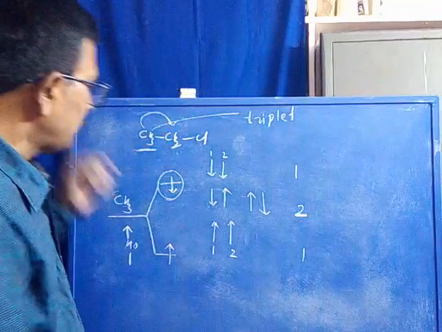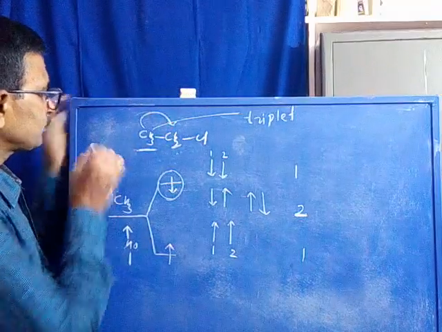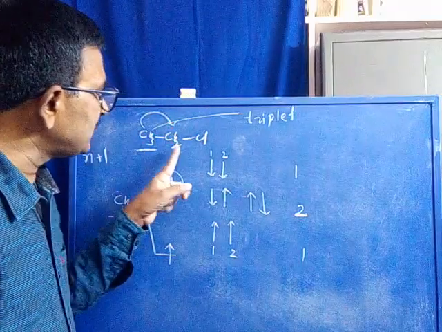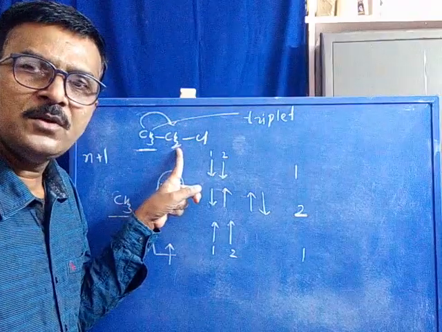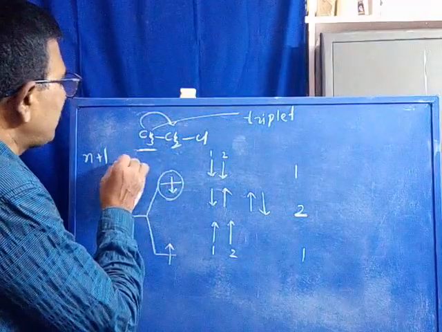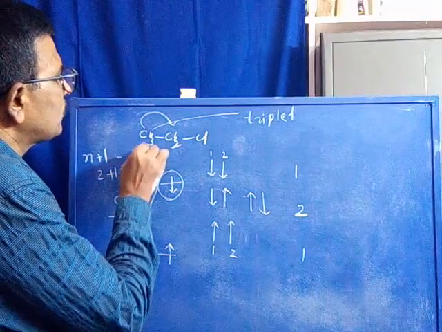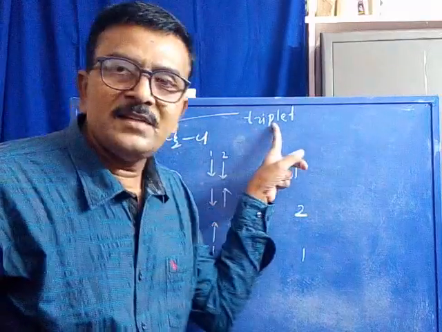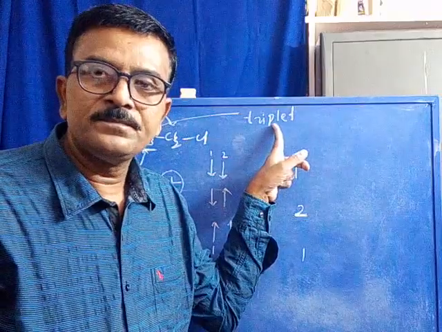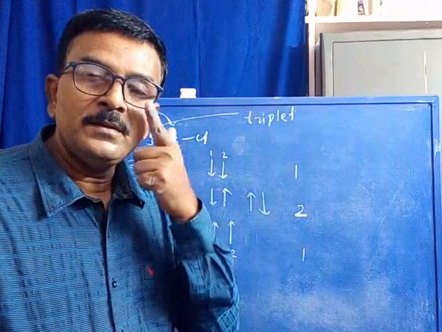Is it clear? Now apply the n+1 rule. The CH3 is coupled with CH2, so n is equal to 2. 2 plus 1 is equal to 3. So the CH3 proton appears as a triplet. Is it clear? Why triplet?